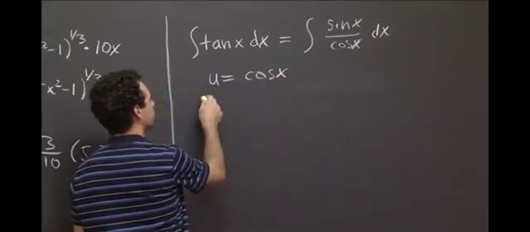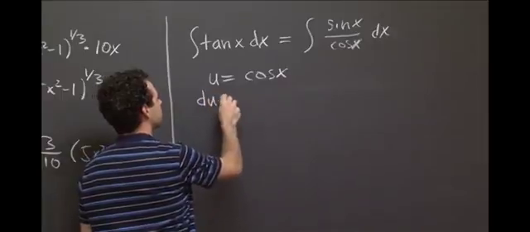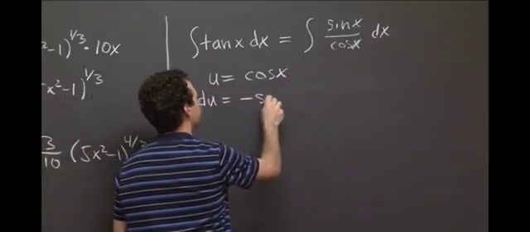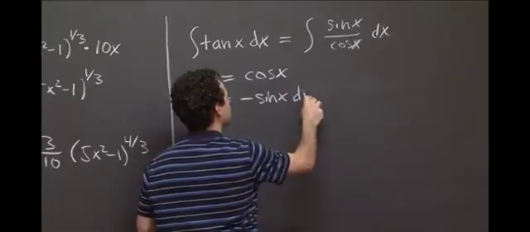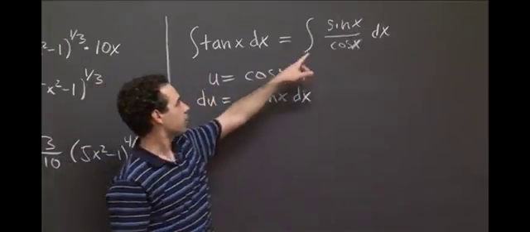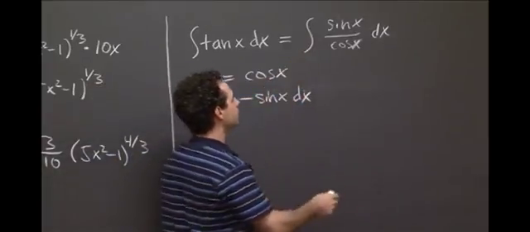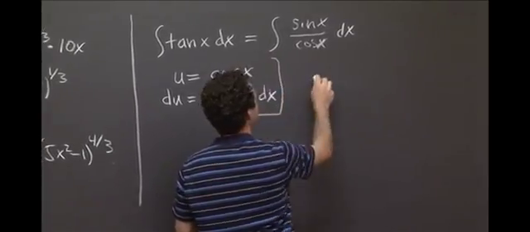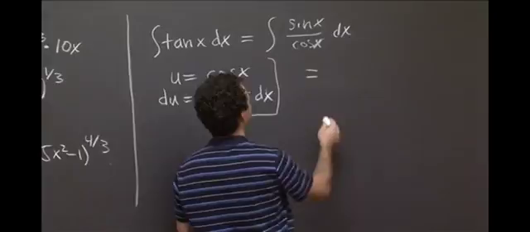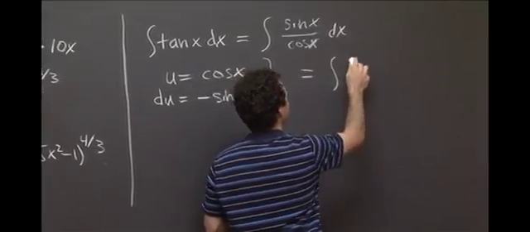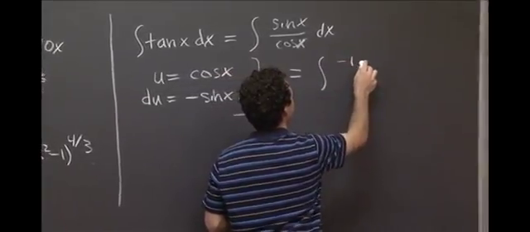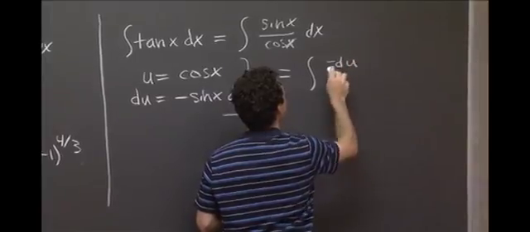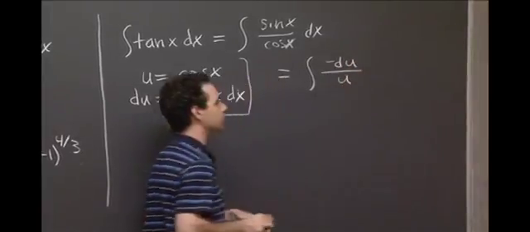So if I make the substitution, I get du is equal to minus sine x dx. Now if I plug these values in with this substitution, this integral becomes the integral of minus du over u.